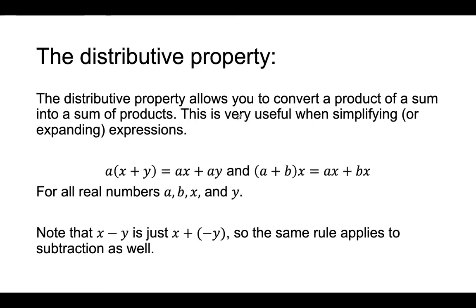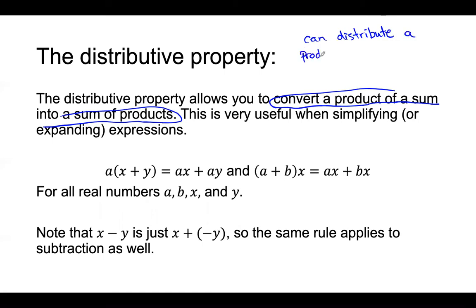So the distribution property allows you to basically convert a product of a sum into a sum of products. So what this means is we can basically distribute a product over a sum.